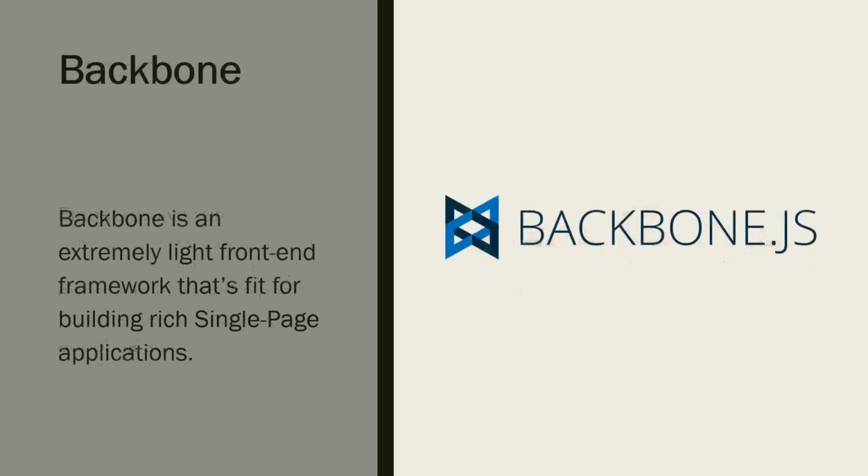And the last one is Backbone. Backbone is an extremely light front-end framework that's fit for building rich single-page applications. It follows an MV pattern and partially implements the MVC design model.